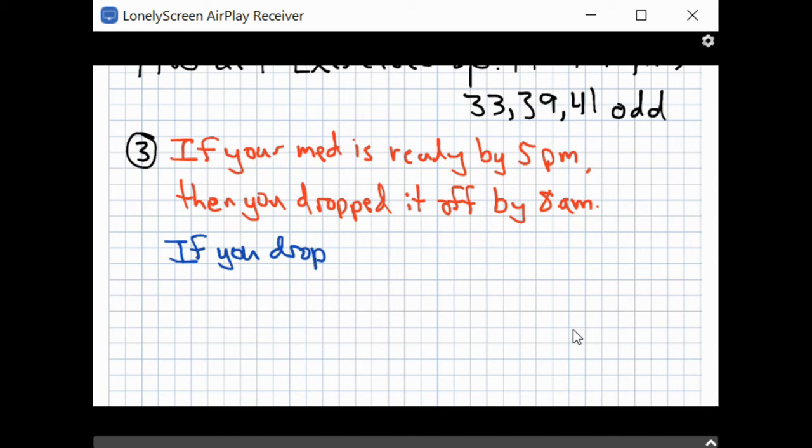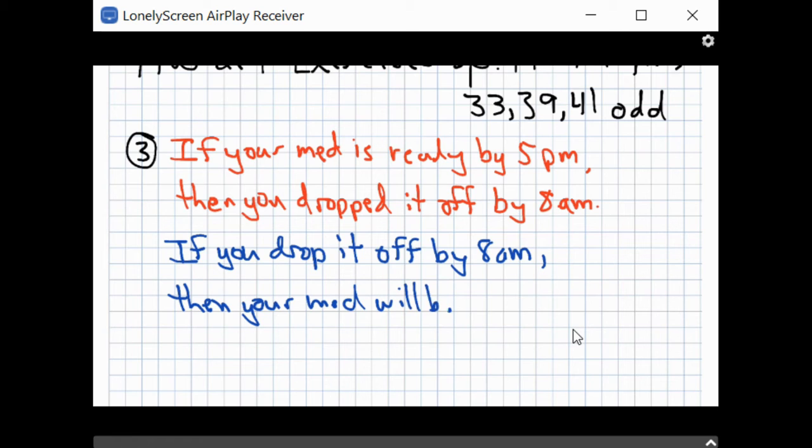If you drop it off by 8 a.m., then your medicine will be ready by 5 p.m. Okay, and so we've taken that biconditional, we've removed the if and only if, taken each clause and wrote them as if-then conditional and converse statements.